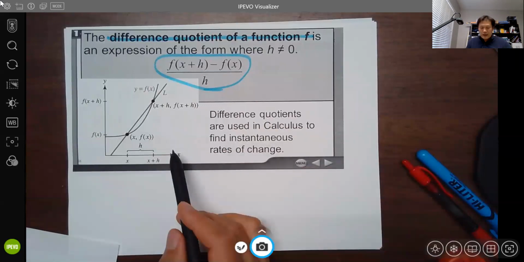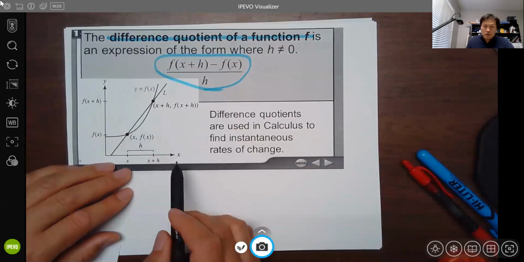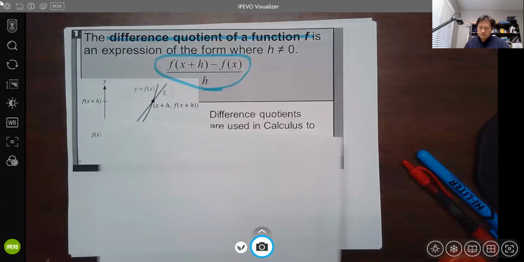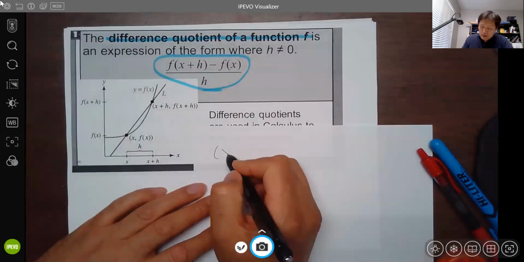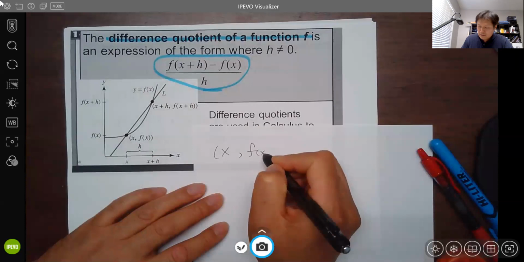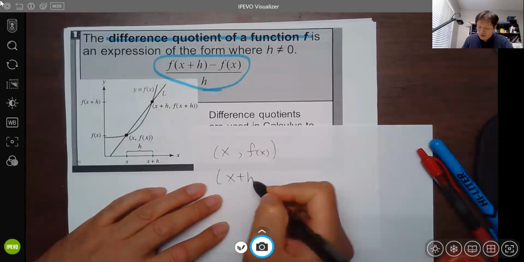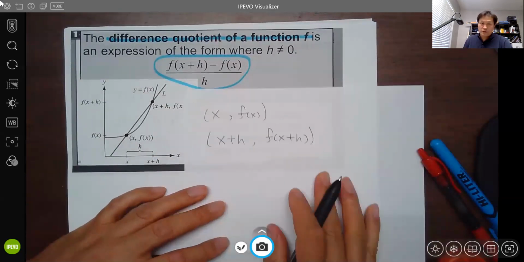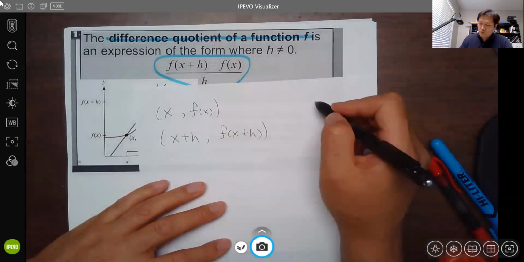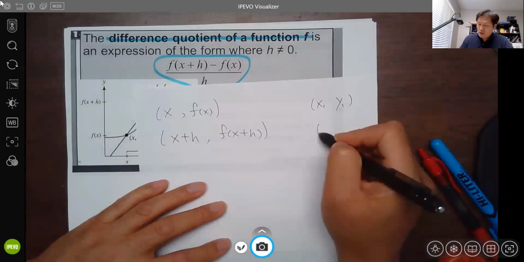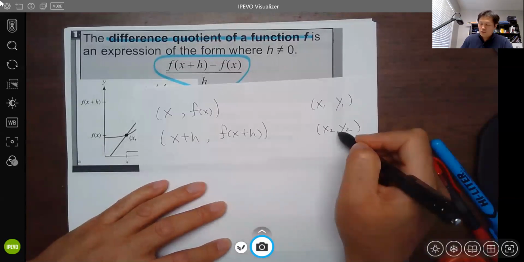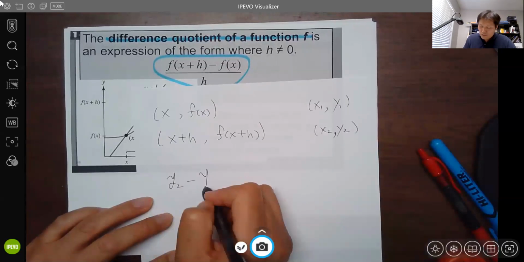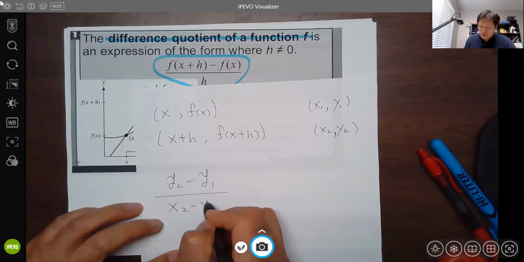If you do that slope formula, you will have the points x comma f of x, and x plus h comma f of x plus h. You've got 2 points. So the slope formula is y sub 2 minus y sub 1 all over x sub 2 minus x sub 1.